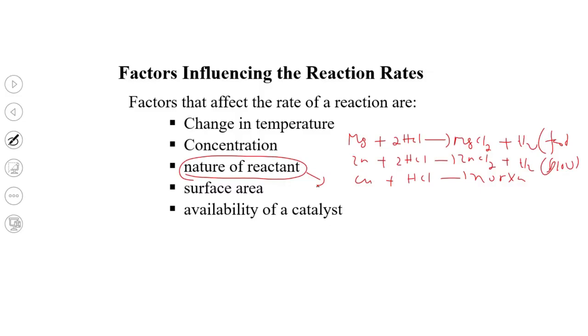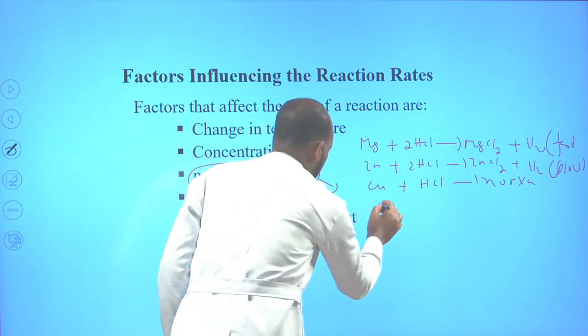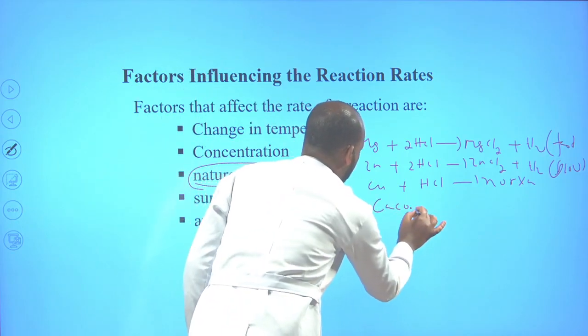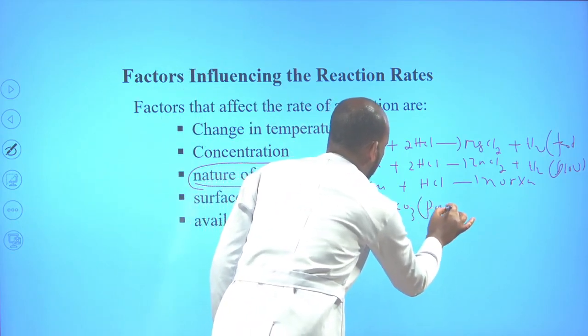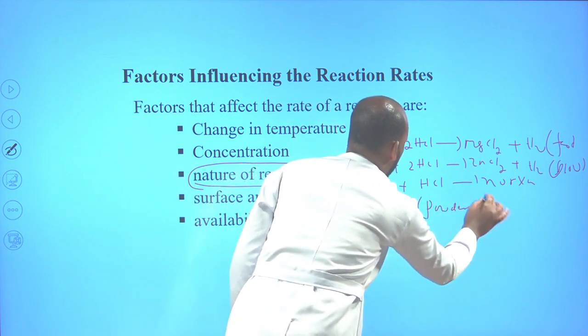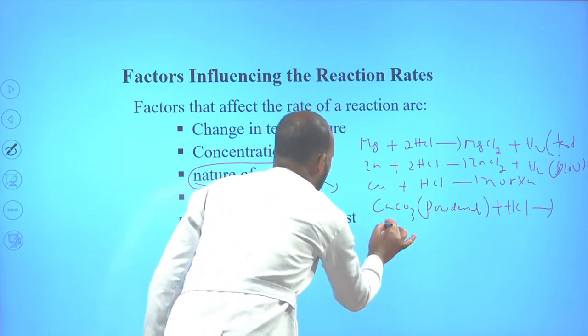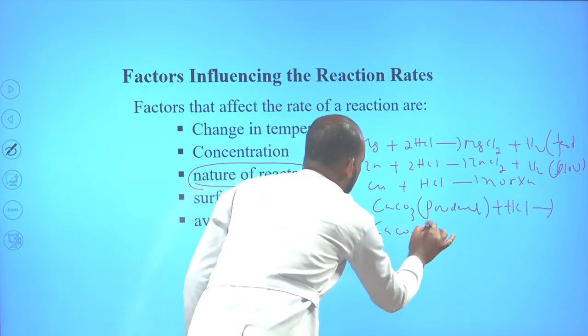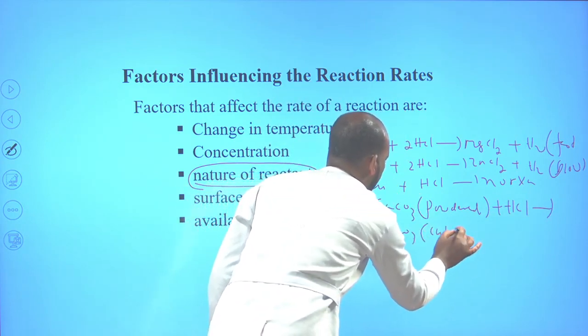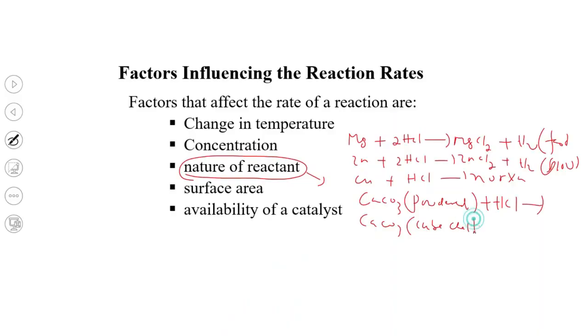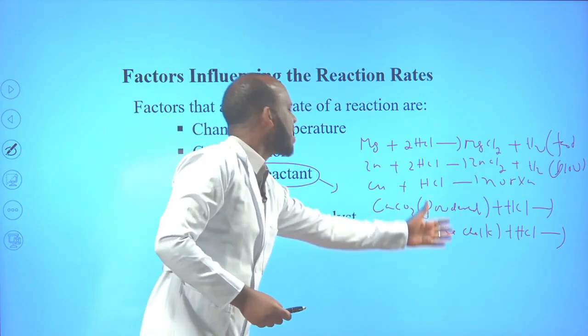If you take the reaction between hydrochloric acid and chalk, calcium carbonate, now this is powdered chalk plus hydrochloric acid, and calcium carbonate, this is cube chalk plus hydrochloric acid. Now compare rate of the reaction for these two reactions.